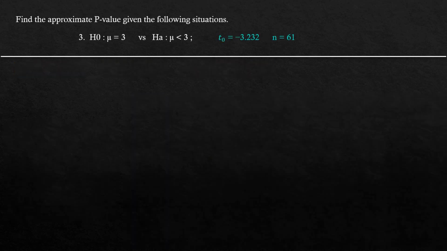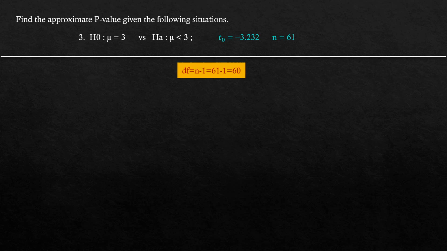Third one. Here also we have left tail and t naught equal to a negative number, negative 3.232. The sample size n equals 61. Again, let me find the degrees of freedom. It is 60.